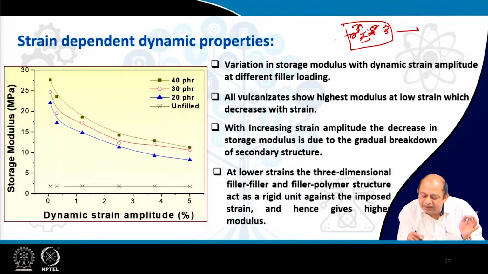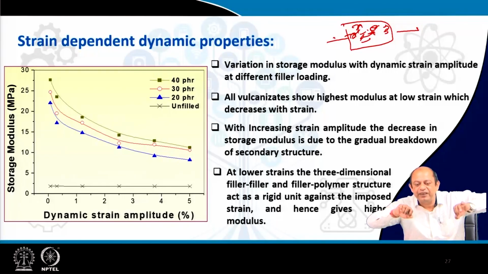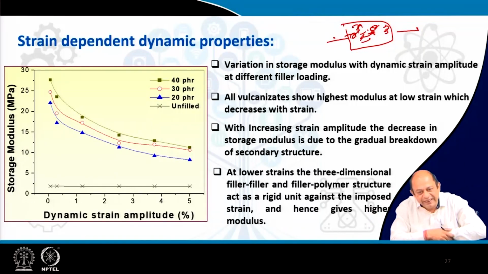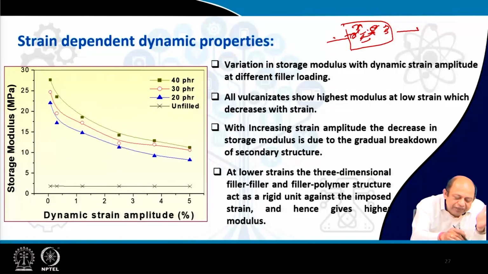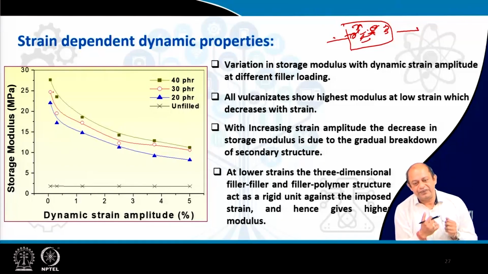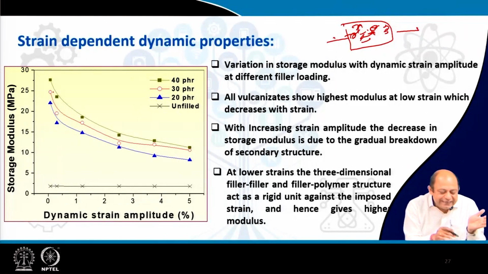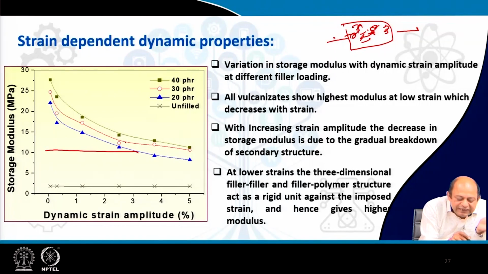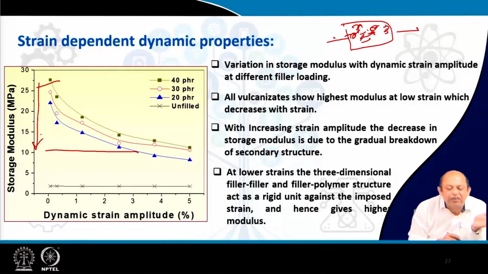So, you apply strain, and before the polymer gets strained, the first place it will go is the aggregates. So, aggregates will break down. As a result, you will see that the modulus, which was initially very high at low amplitude, will diminish, and then the load obviously transfers to the rubber matrix. This delta is a reflection of the initial breakdown.